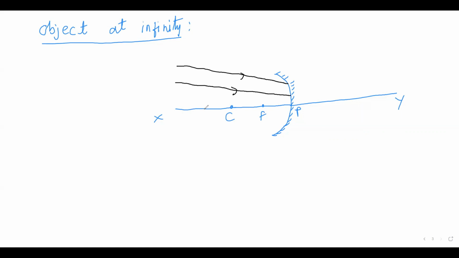After reflection, what happens? They will meet at, can you tell where they meet? Focus. They will meet at focus. So what will be the position of the image?